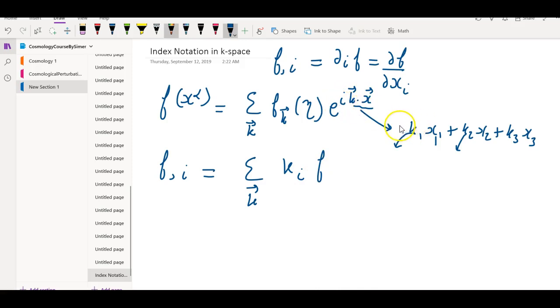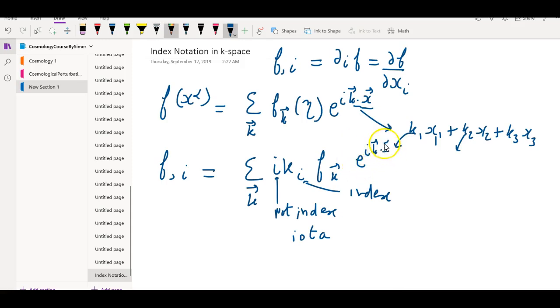Iota, there is iota here also, so iota also will come. Do not confuse this iota with this i. This is iota and this is the index. This is not the index, this is iota. And this is the index. Okay, so we have f_k. Rest everything is the same, e to the power iota k dot x.